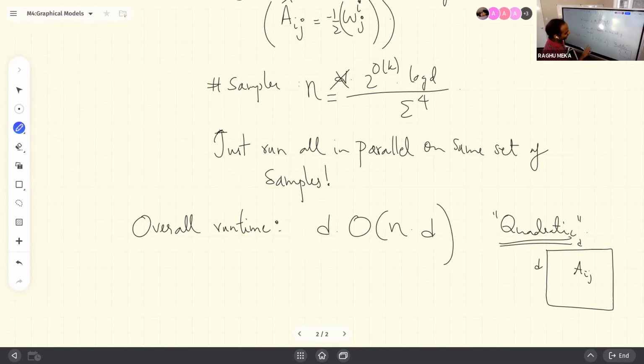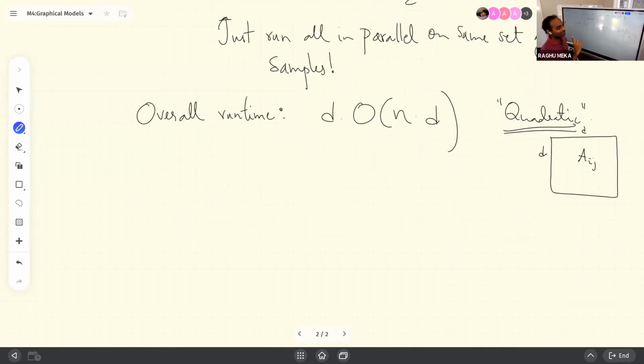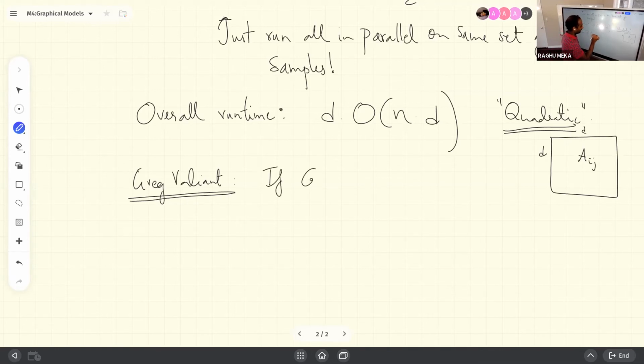Let me say that there's one special case where we do know how to do better than d squared. This is a great result due to Greg Valiant, I think in 2012, for the case where G is a single edge.